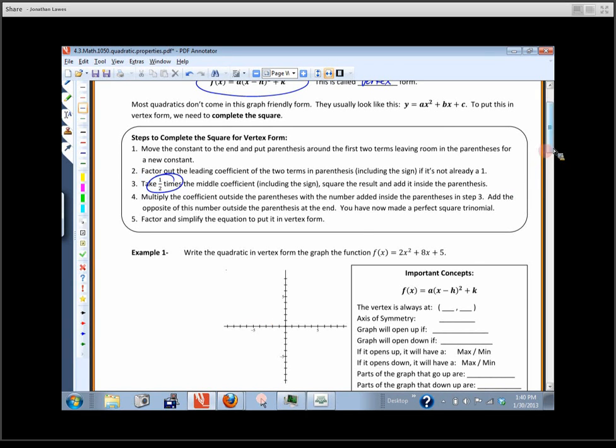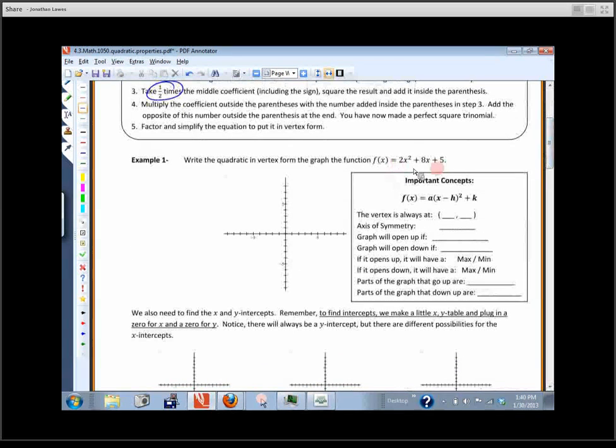So let's take this one right here, and it says, write the quadratic in vertex form and then graph the function. So in order to do that, we're going to take it and we're going to go like this. Now, I can't really mess with the f of x. So all the changes, and this is important, all the changes that I make to this have to be done on the same side.